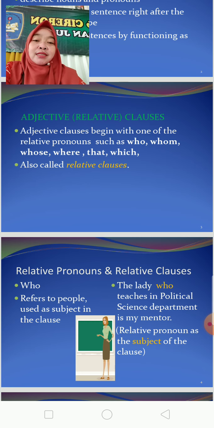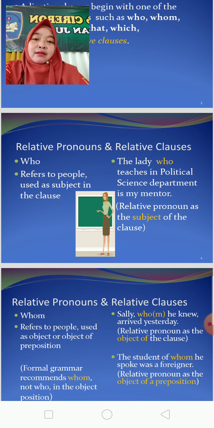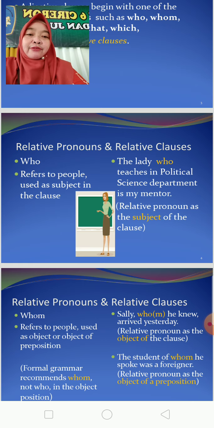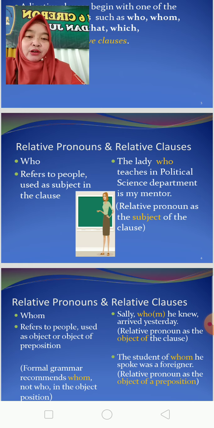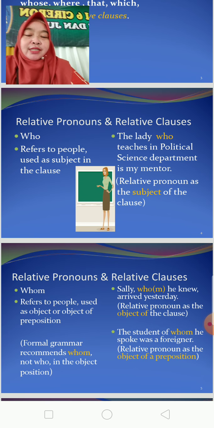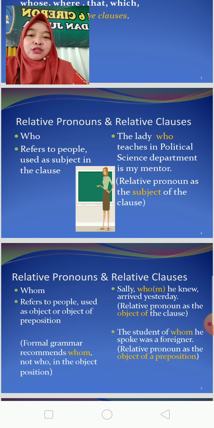So when we use a relative pronoun, we call this a relative clause or adjective clause. I would like to explain one by one. The first relative clause uses the relative pronoun who.